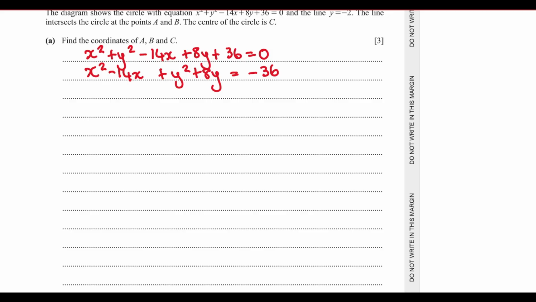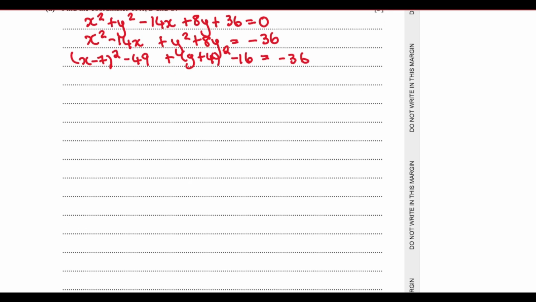If you complete the square for this, you'll have x minus 7 squared minus 49, and for y you'll have y plus 4 squared minus 16. Okay, let's finish it up by taking all the numbers to the right.